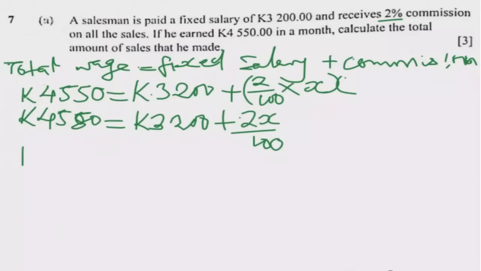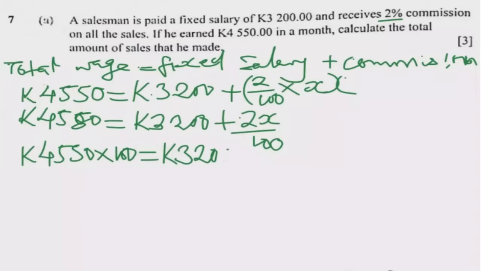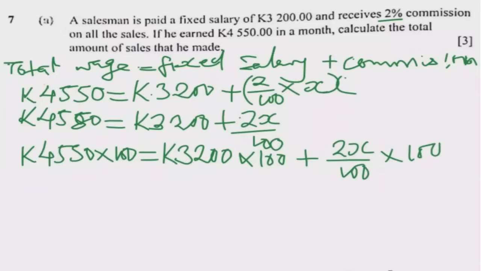So that means we are going to have 4,550 times 100 is equal to 3,200 times 100 plus 2x over 100 times 100. That means this 100 and this 100 will cancel each other.